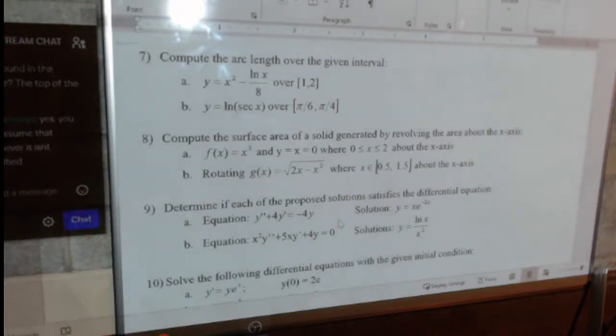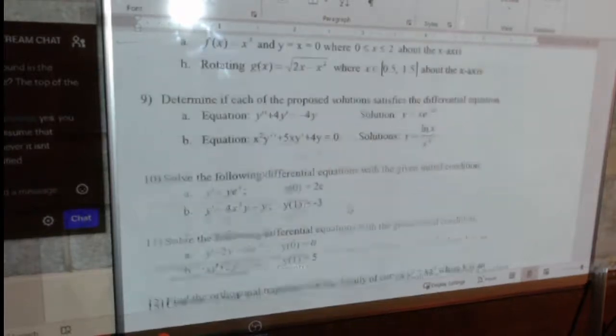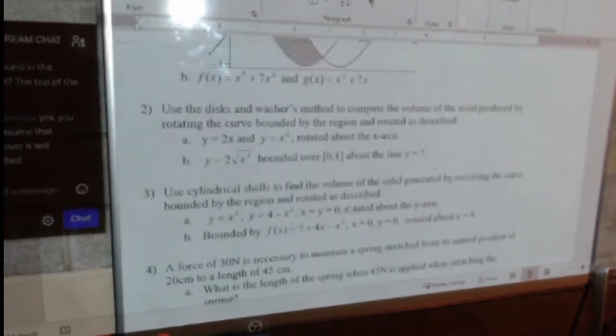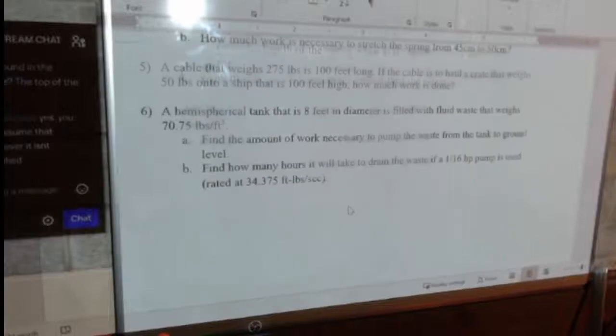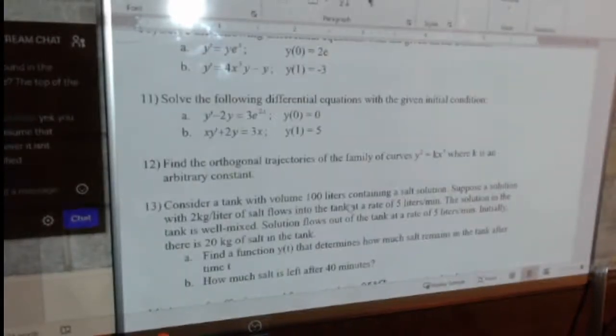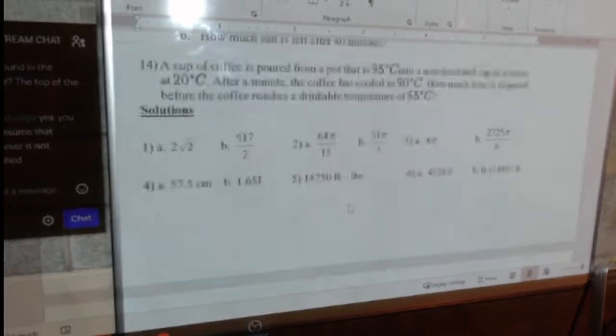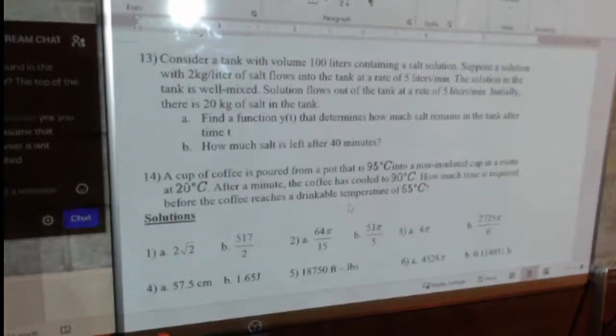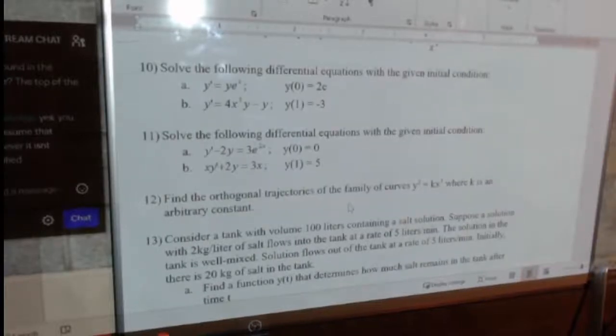You can expect at least one arc length or surface area. I probably will not have you do both. And I guess maybe one problem that's just any of those topics. So anything that's on this review, you should expect at least.